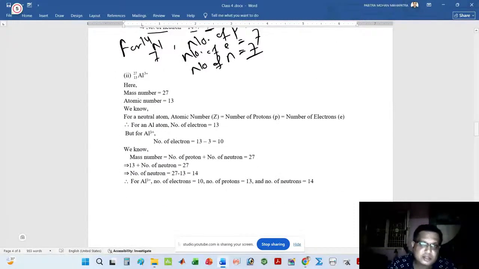Move to another species, which has a positive charge. Here it is Al 3 plus, with 27 as the mass number and 13 as the atomic number.